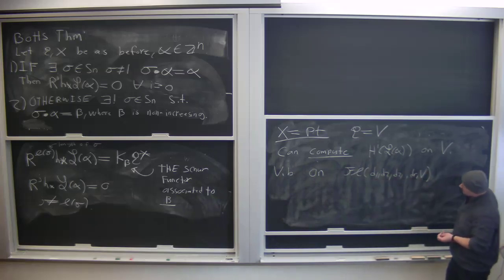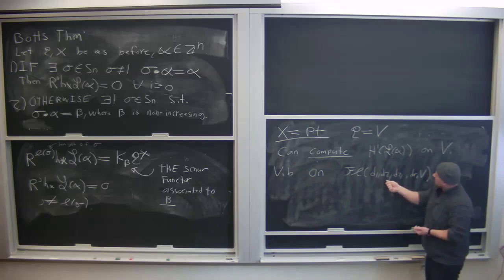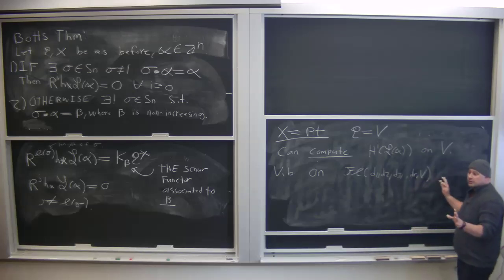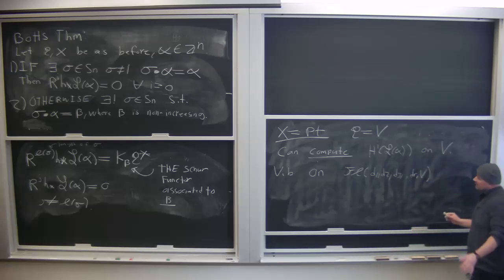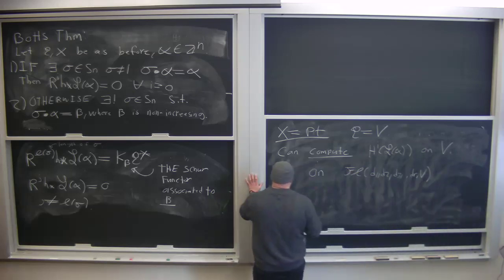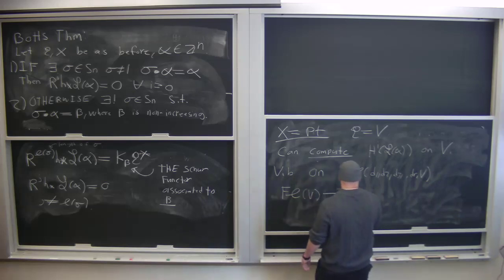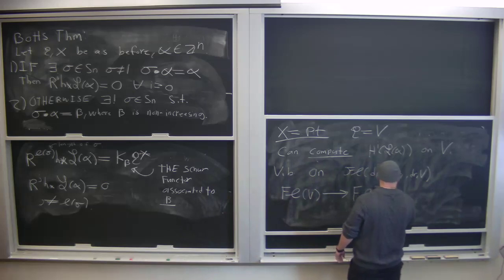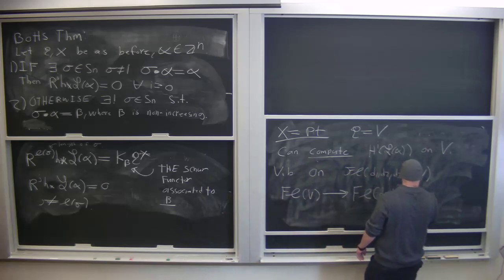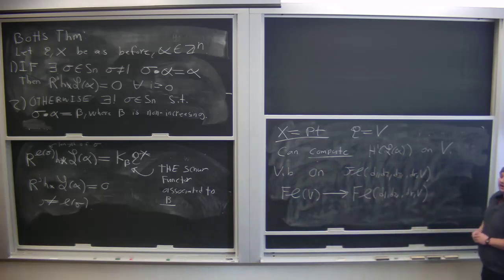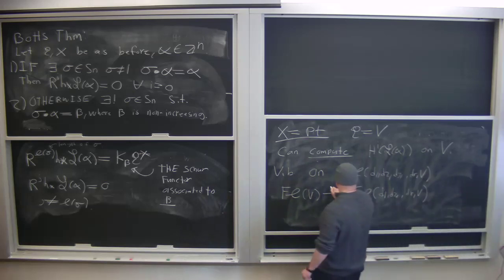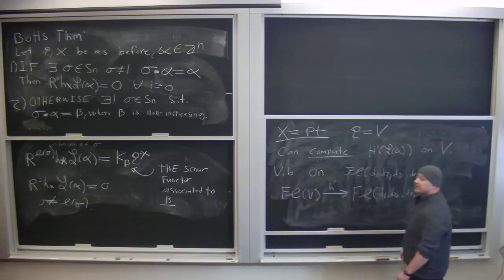So this is the partial flag variety with the flags of dimension D1, D2, D3, all the way up to some DR. Now I'll note that I have a map from the full flag variety of V to the partial flag variety of V. Let's call this H prime here.